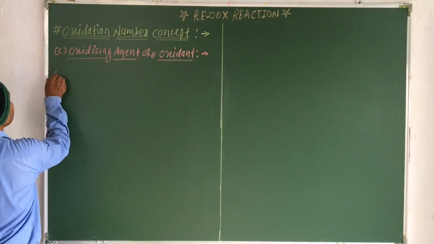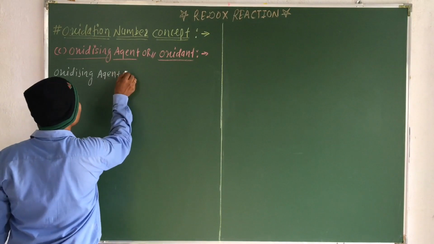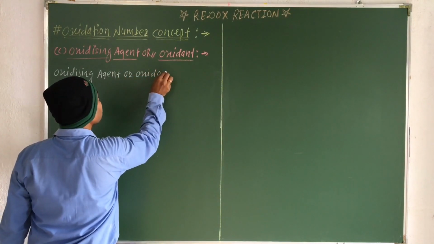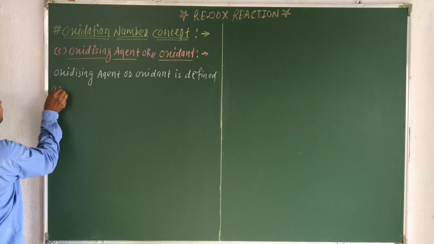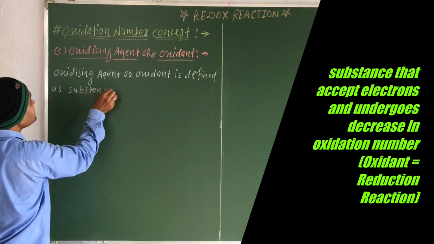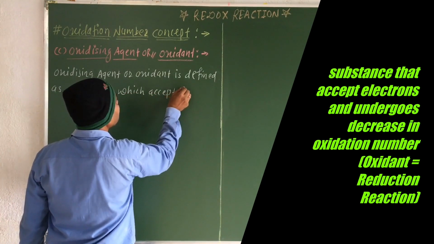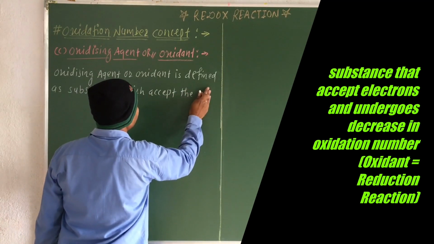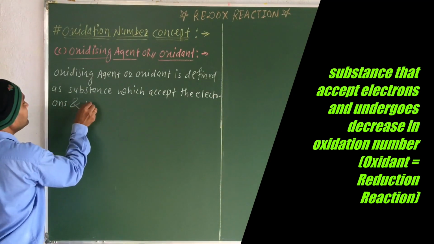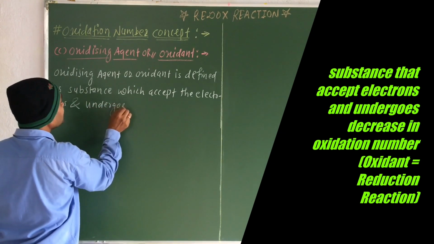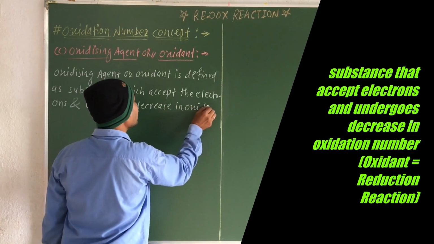Oxidizing agent or oxidant is defined as the substance which accepts the electrons and undergoes decrease in oxidation number.